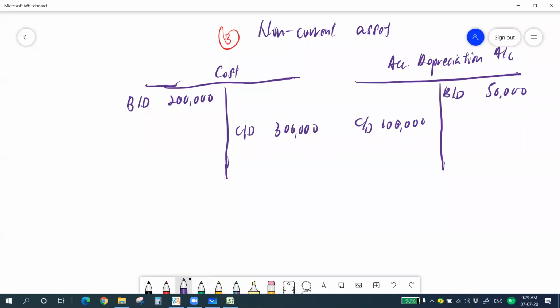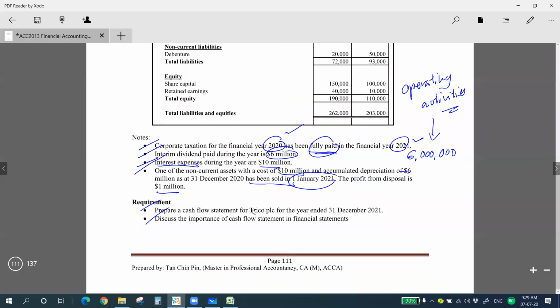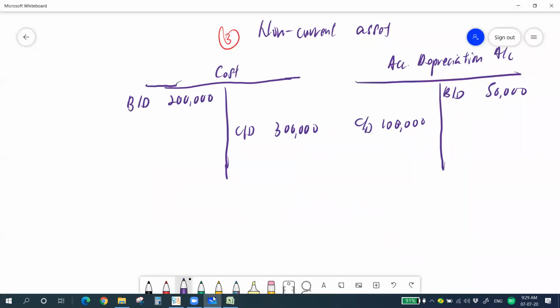So, what is the requirement talking about? The requirement saying that the company dispose one of the asset, right? Because sold refers to dispose. So when you have disposed, you have to prepare a disposal account. So the disposal account, we have to write separately.